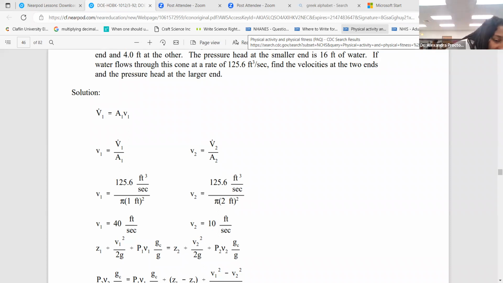Then Z1 plus v1 squared over 2g plus P1 v1 times gc over g is equal to Z2 plus v2 squared over 2g plus P2 v2 times gc over g.